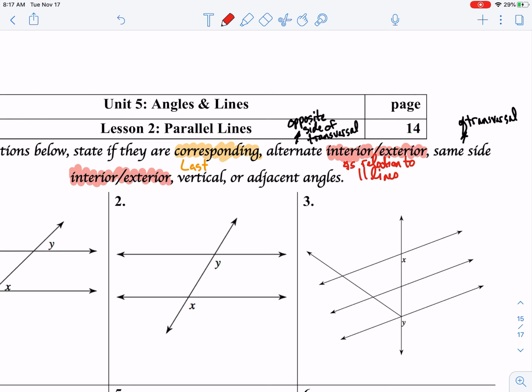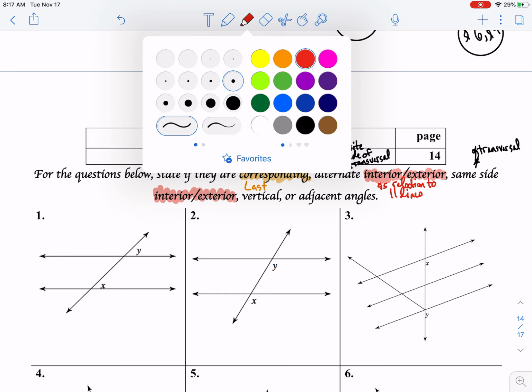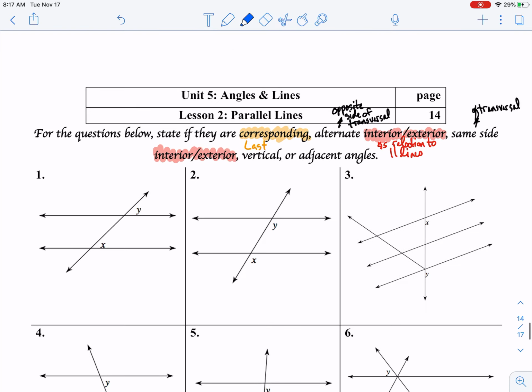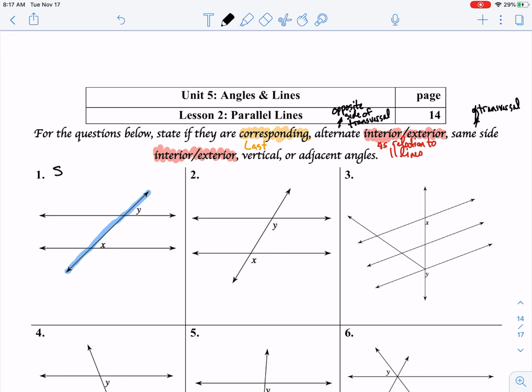All right, so what I like to do is mark my transversal every time. So in example 1, it's the line that touches. So my options are either I'm going to go same side or alternate.